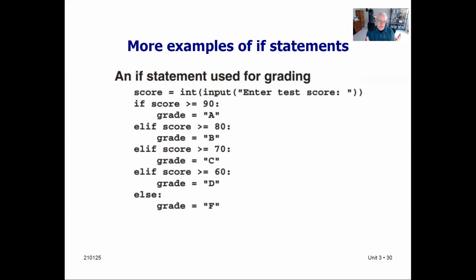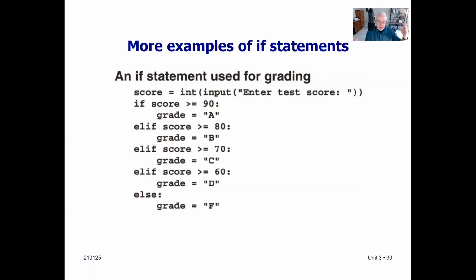So if the score is greater than or equal to 90, grade's going to be an A. Else if, the next possible thing is a B. If it's not equal to or greater than 90, then is it equal to or greater than 80? If it is, then your grade is a B. We just keep doing the same thing as we go through C and D. And if none of those are true, there's only one thing left.